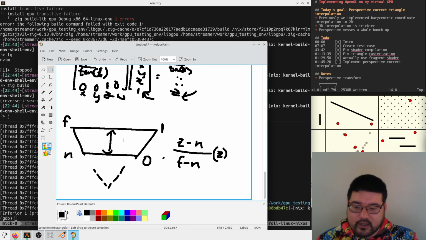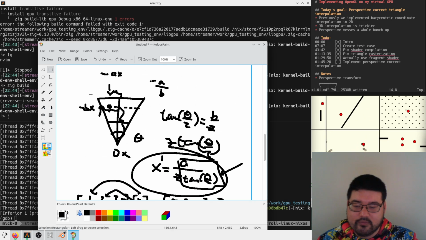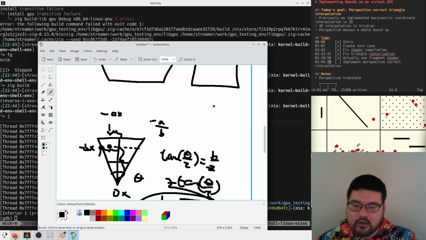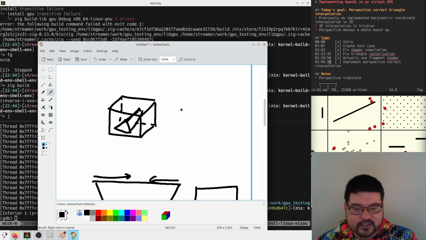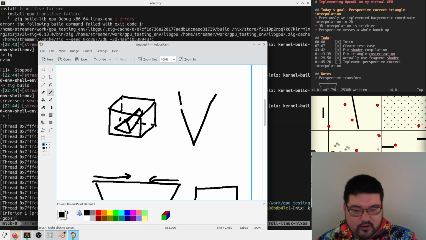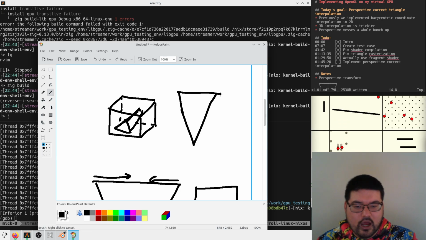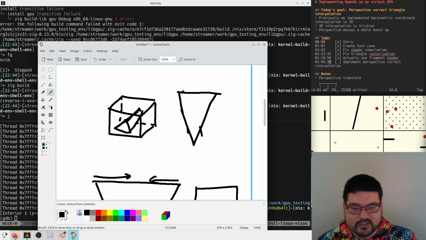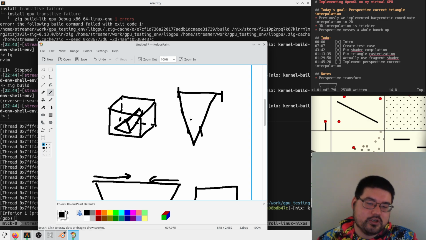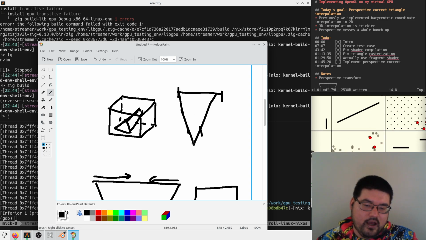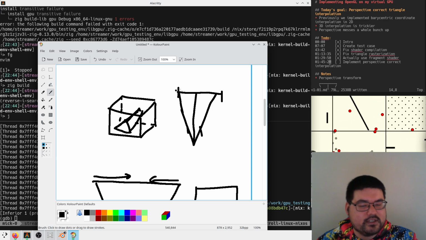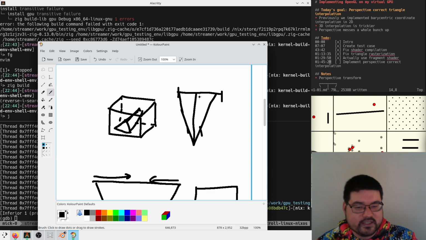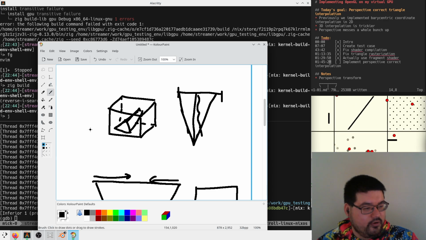Maybe it's easier to draw it again. As things get farther away from the camera, you kind of have, in your eyeballs, this width is the same as this width, right? And it turns out that the amount that these things are different kind of scales with the z value, 1 over z.